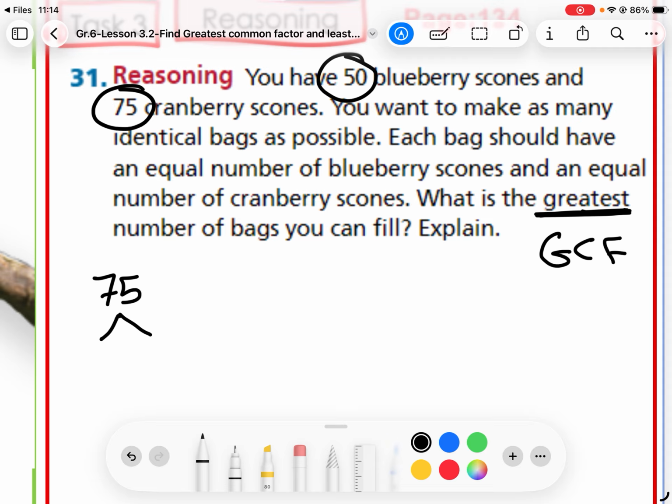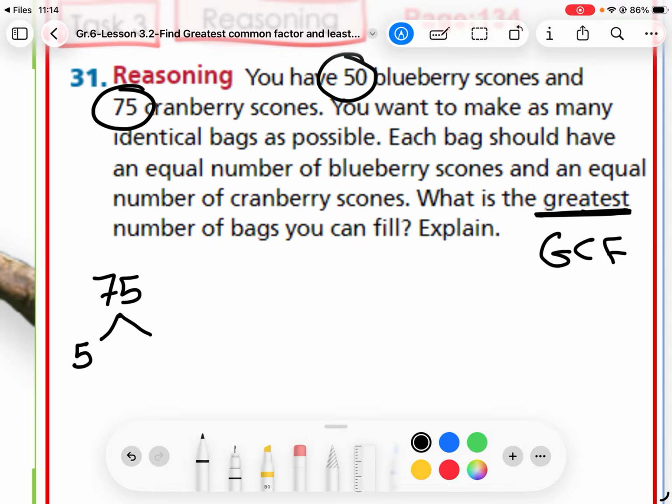So let's just start with 75. What two numbers, if you multiply, will give you 75? Think of 5. As you can see, the last digit is 5, so it can be divided by 5. No, 75 is a multiple of 5, sorry. So we're gonna take 5.